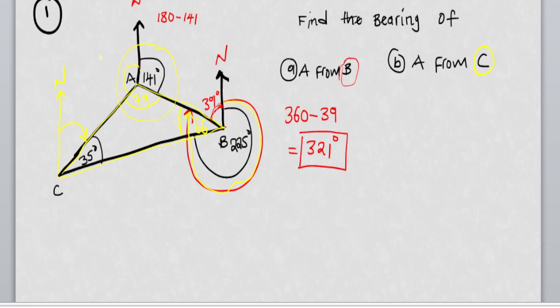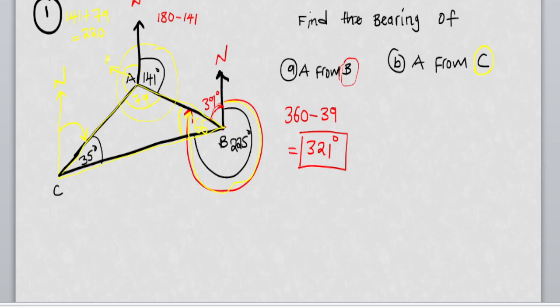Now look at, if I say 141 plus 79, those two will give me 220. Then that 220, I subtract it from 360, then I'm going to get 140.